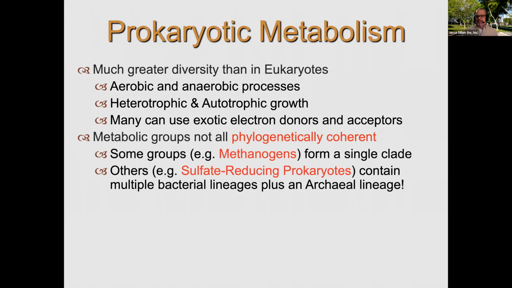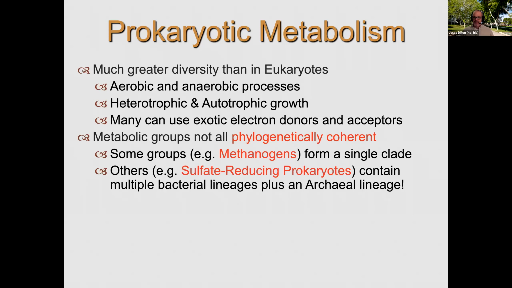The other thing to think about is that metabolic genes often move around via horizontal gene transfer. So in many cases, they are not what we call phylogenetically coherent, in the sense of this metabolism evolving once and diversifying within a clade or a group of microbes and just staying there. In many cases, there have been movements across species, even across entire domains, of metabolic capabilities, but not always, right?